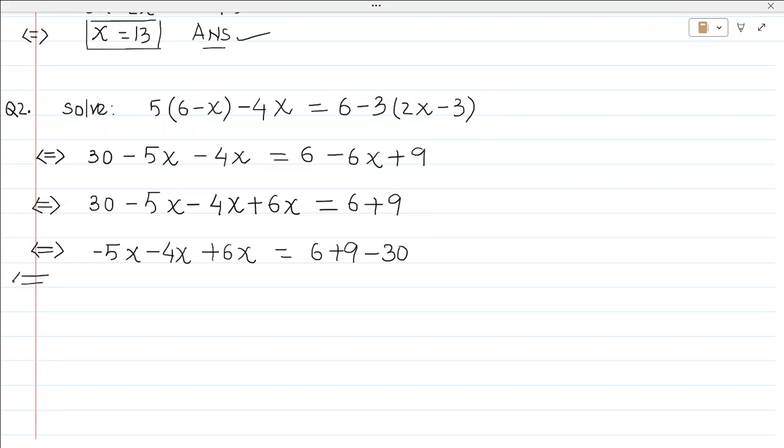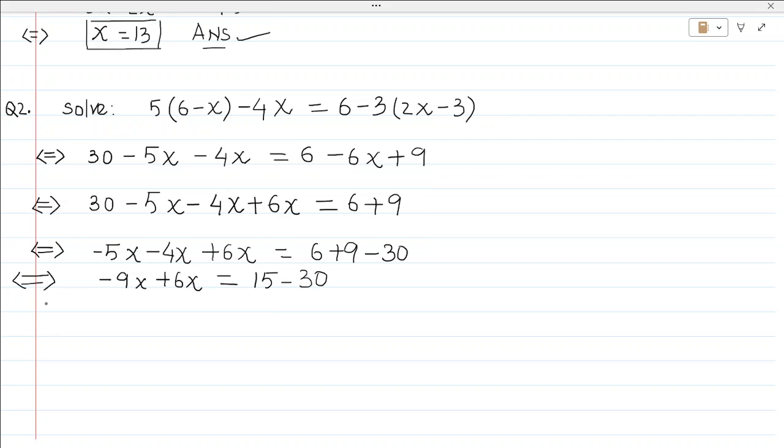So in our next line, now solve this, sum up, 5 plus 4 will make 9, so both have the negative sign, so it will become minus 9x plus 6x is equal to 6 plus 9, 15 minus 30.